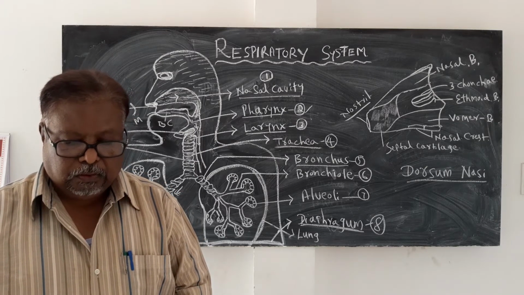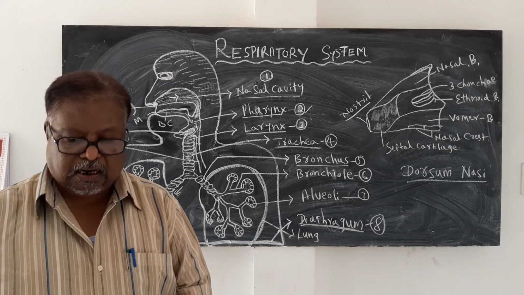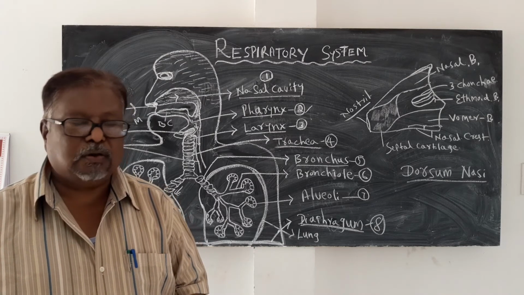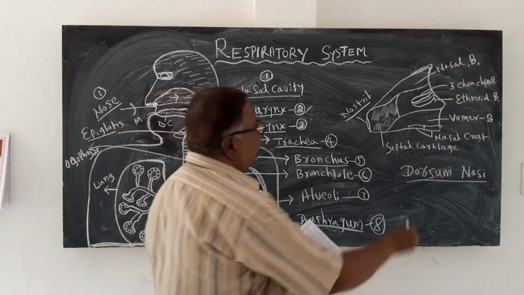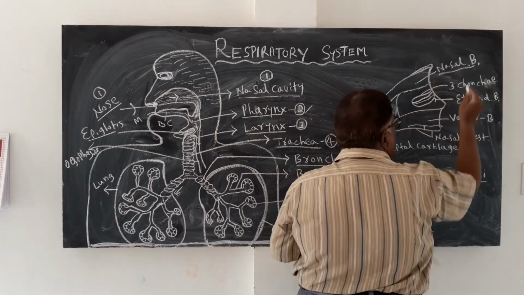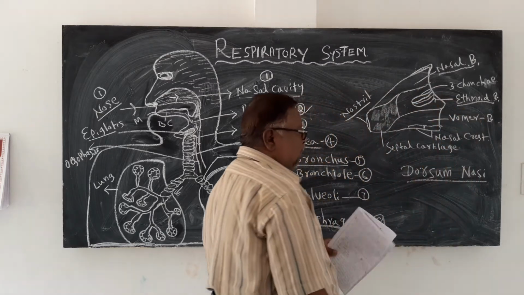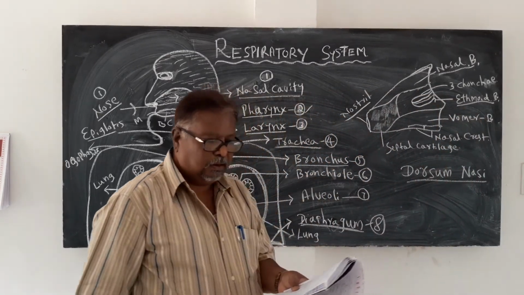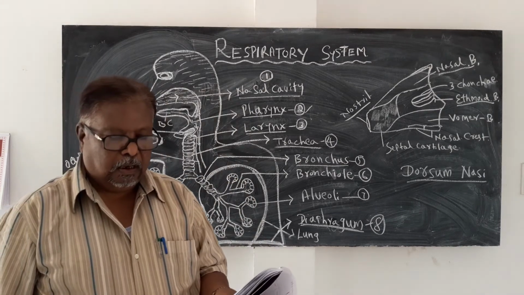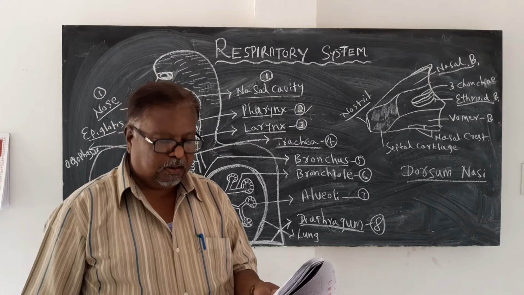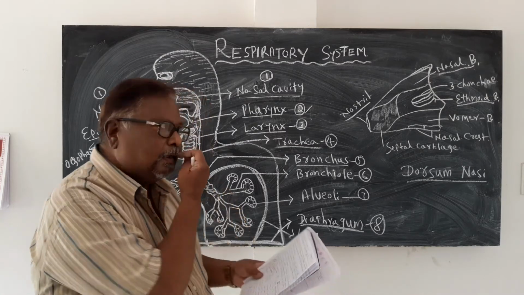Now, the roof of the nasal cavity is lined by the nasal and ethmoid bones. So this is the nasal bone and this is the ethmoid bone. The roof is lined by two bones, and the floor is made up of the vomer and the nasal crest.